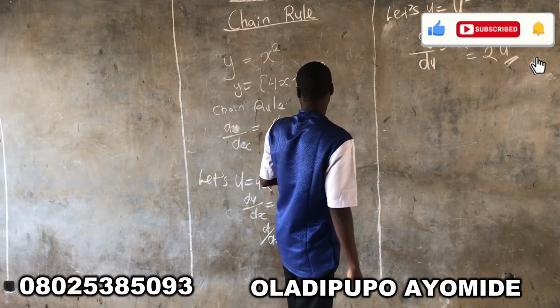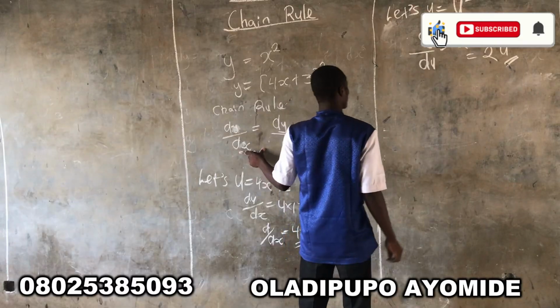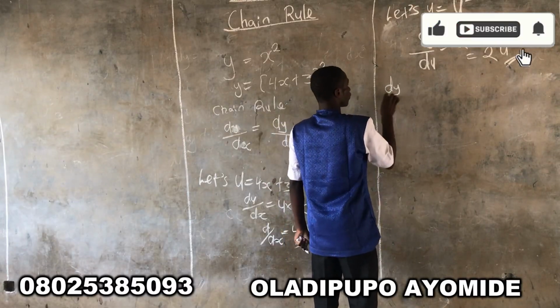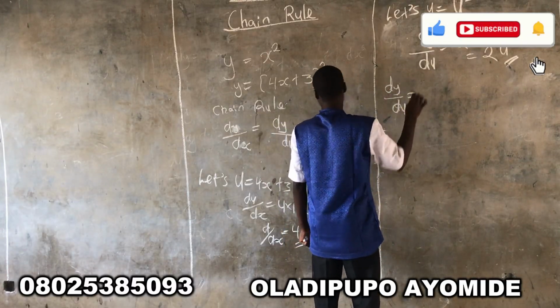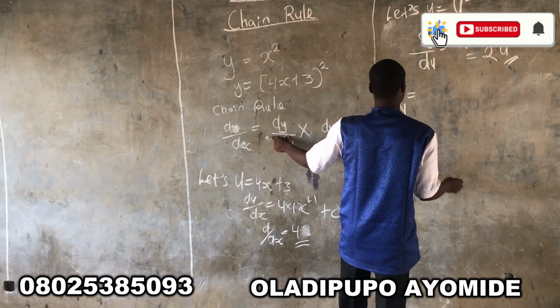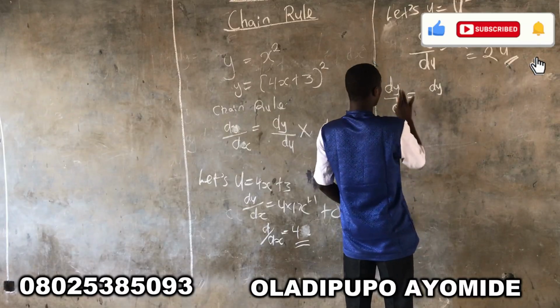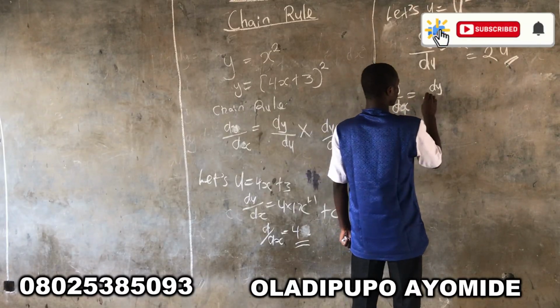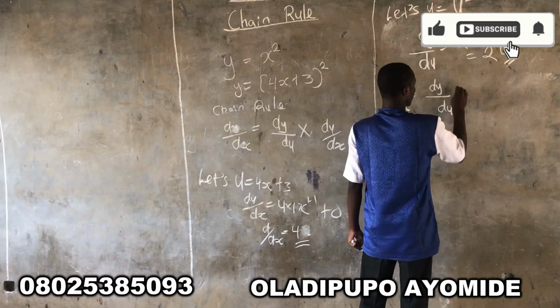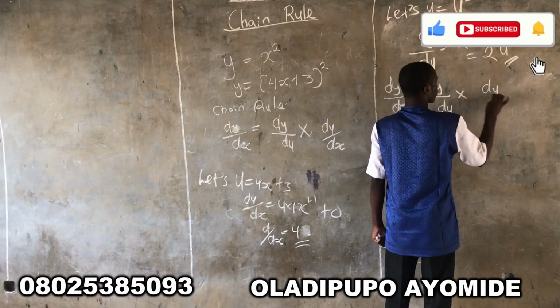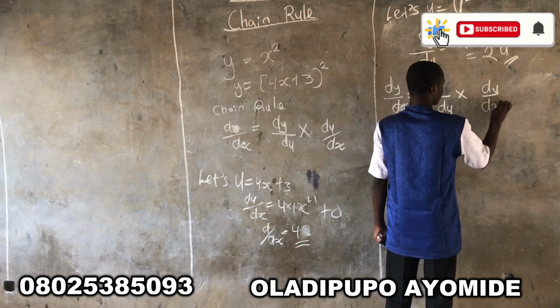So by applying our chain rule, dy over dx is equal to dy over du times du over dx.